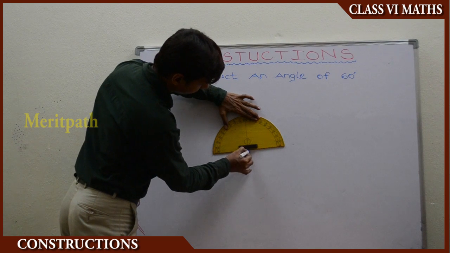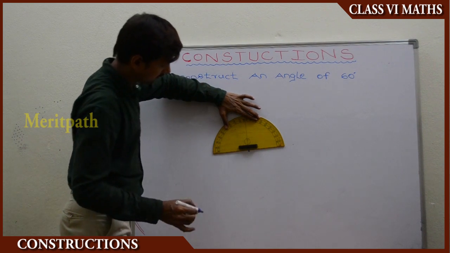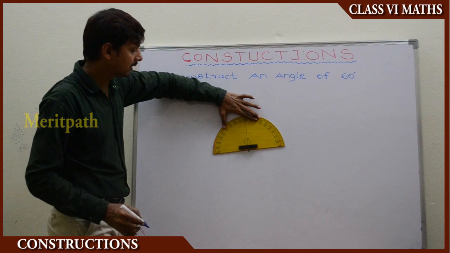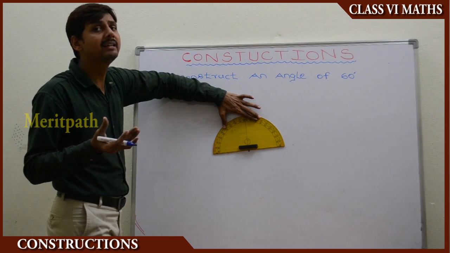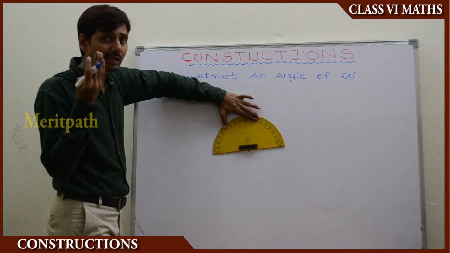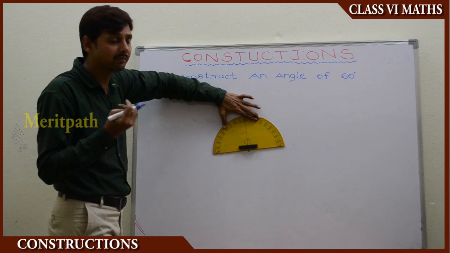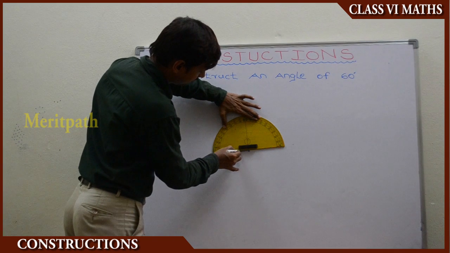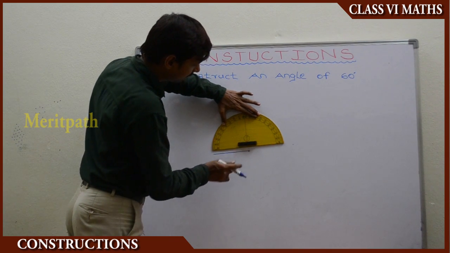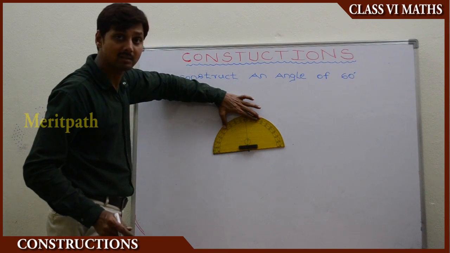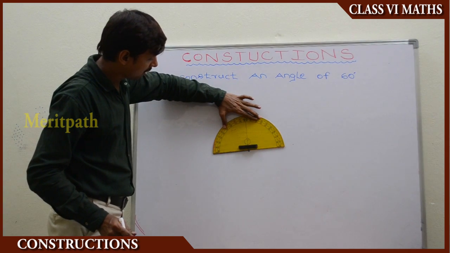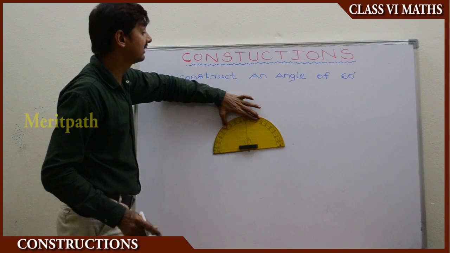This is the center of the protractor, the initial point, and let's draw on the left hand side of it, so that we get experience of the difference between drawing a line segment on the right or left. Keep it here, and on the left hand side we have drawn. There is no line segment on the right hand side of the protractor, but there is one on the left hand side. So from the left we will count 60.